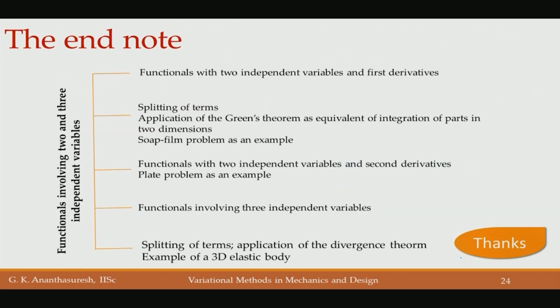Just to summarize, we have discussed 2 and 3 independent variables, and we looked at Green's theorem as an extension of integration by parts in 2 dimensions, and Gauss theorem helps us in 3 dimensions. We have solved examples of a soap film, and in mechanics we did the problem of a plate and the 3-dimensional elastic solid, where we take a quick look at the boundary condition.